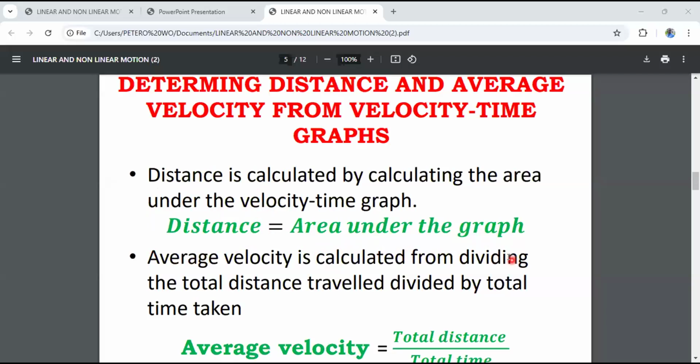Then, sorry, if someone asks you for average velocity, or if you need to use average velocity for something, then average velocity is calculated by dividing the total distance that is traveled divided by the total time that is taken.